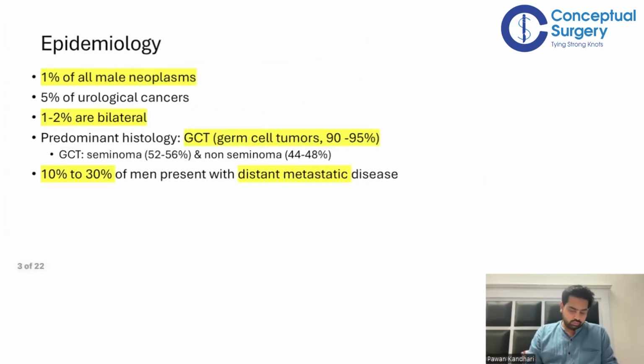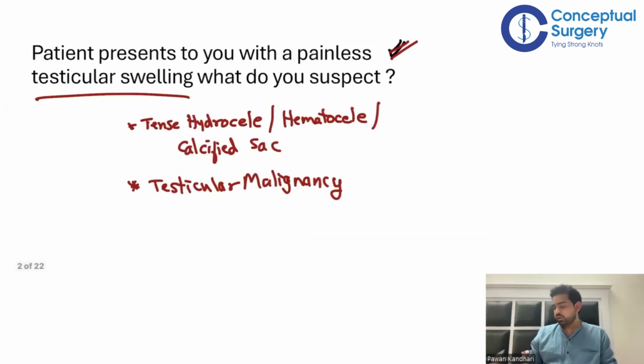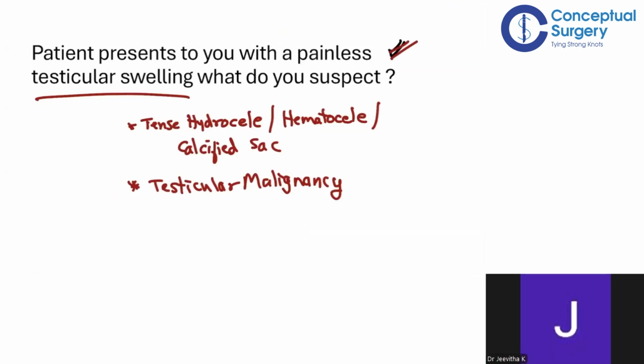That's fine. Now, obviously, what we are here to talk about is testicular carcinoma. So if I ask you about testicular carcinoma, what is the cause? What is the most important risk factor for the development of a testicular carcinoma? Anybody?